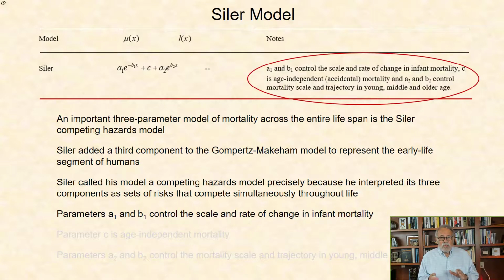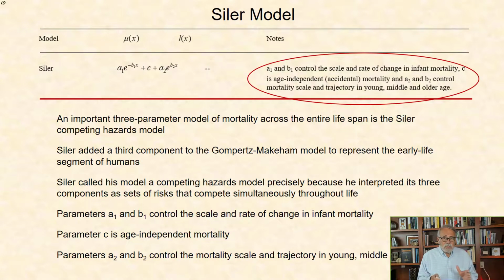Parameters A1 and B1 control the scale and rate of change in infant mortality. Parameter C is age-independent mortality, and parameters A2 and B2 control the mortality scale and trajectory in young, middle, and old age.